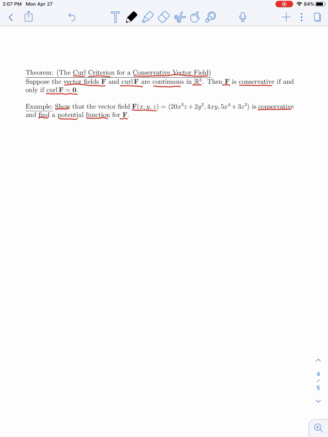So our first step is going to be to find the curl of this vector field f, which again is the cross product of the gradient vector and our field. So here we're looking at the determinant of the 3x3 matrix, where my first row consists of the standard basis vectors i, j, and k.